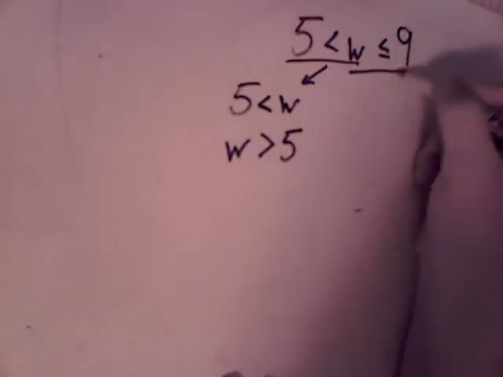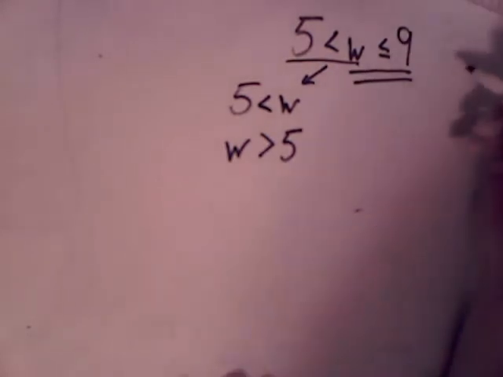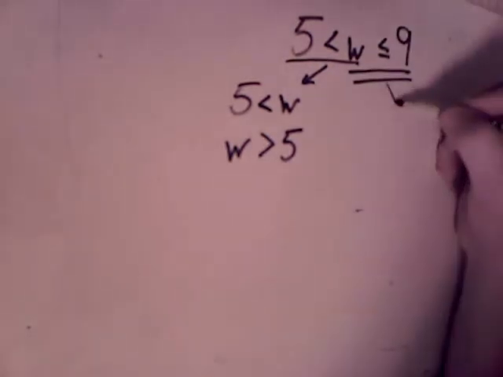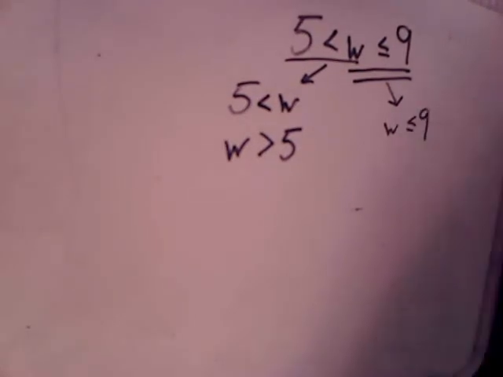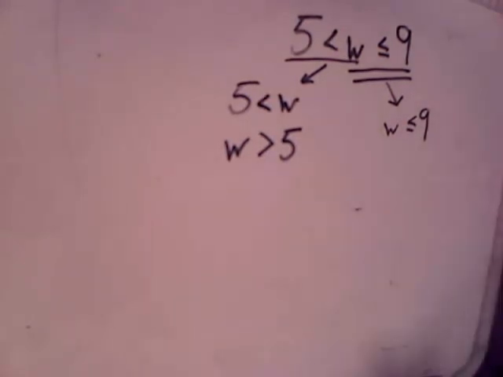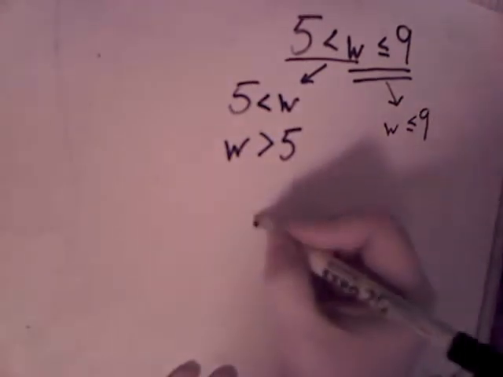Then I'm going to take w is less than or equal to 9, and we're going to put this over here. So now I have two different inequalities that I want to graph on the same line.